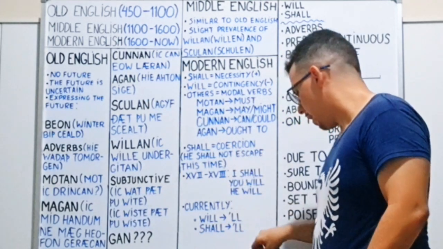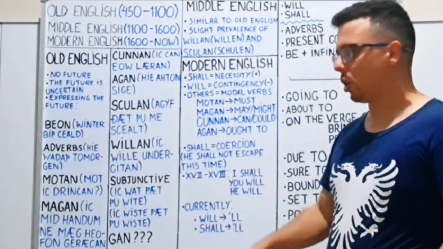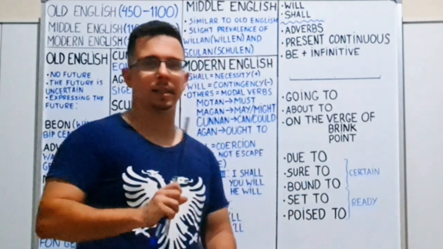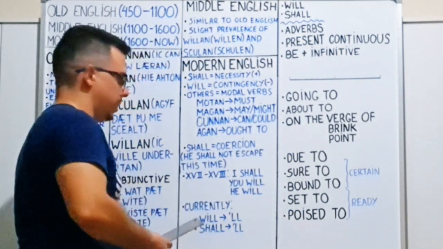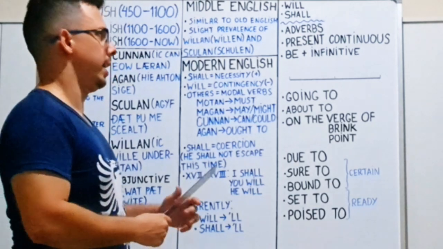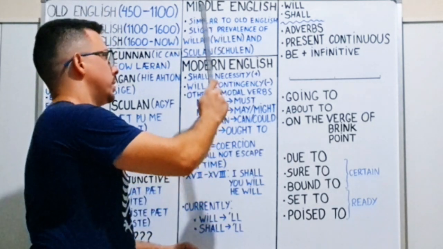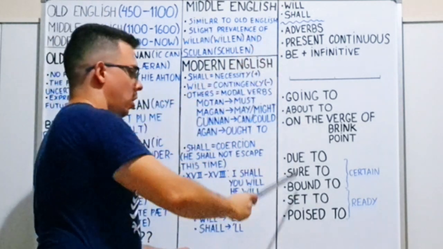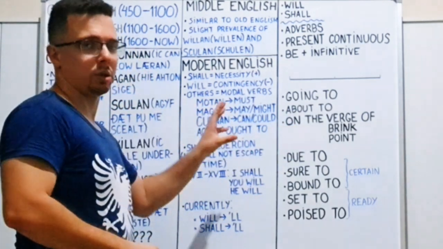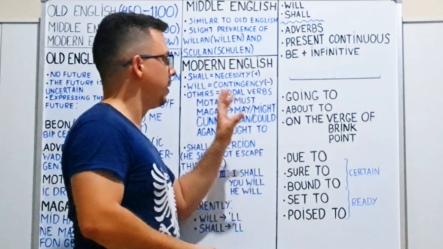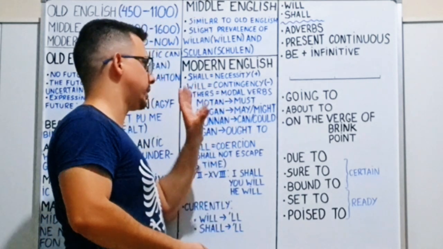But in general, things are rarely that simple. Now, let's see the state of things in modern English in the 21st century. We have all this. I'm not going to go into details of how we make the future in the 21st century.